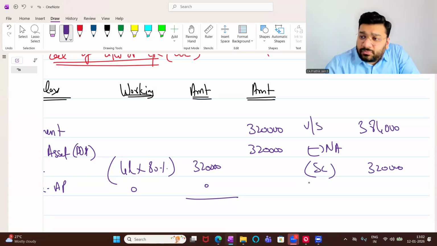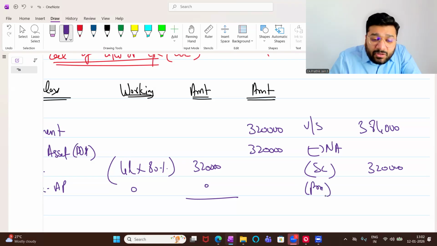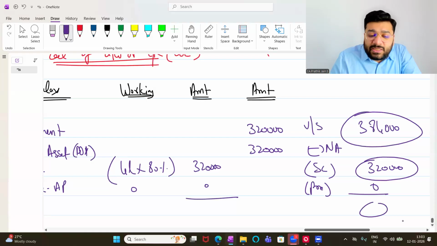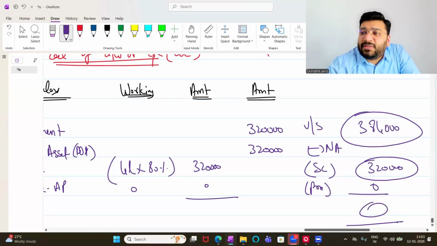No. Security premium will go in reserve and surplus. Pre or post? Post. Here we record pre. So will anything come here? No. So 320 worth of shares, you acquired by paying 384. So the difference is goodwill. The premium that you've paid is extra.